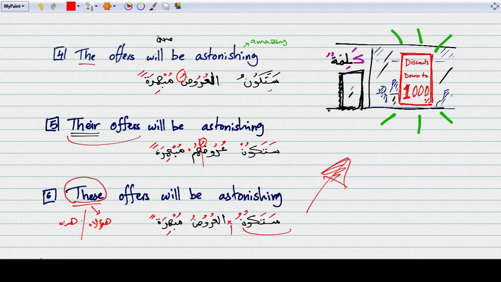Like I said before, when you are pointing to something that is not human, in the sense that the word itself describes something that is not a person, you would use هذه when you're doing the plural form, and you do not use هؤلاء.